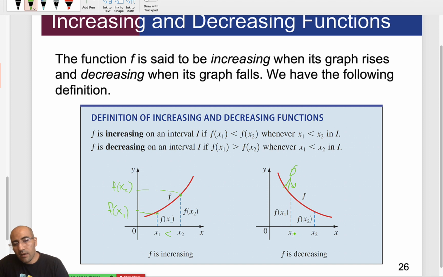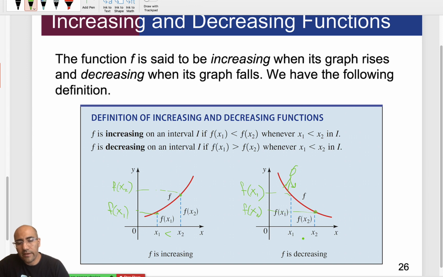When the bigger value in the domain leads to a smaller value in the range, right? So here is what f of x sub 2 leads to, and here is f of x sub 1. In this case, f of x sub 2 is smaller than this one.